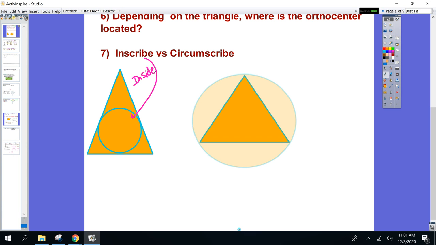Versus if I do a circumscribed circle, the circle is on the outside. It touches all three vertices. So it's talking about where the circle is in regards to the triangle. For inscribed, the circle's inside the triangle. For circumscribed, the circle is outside the triangle.